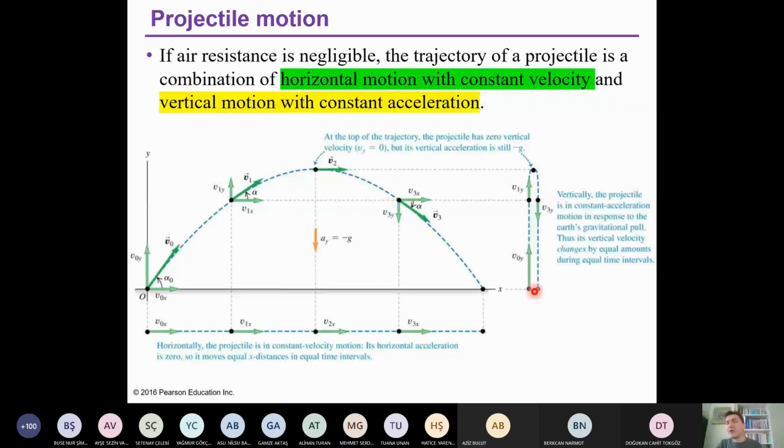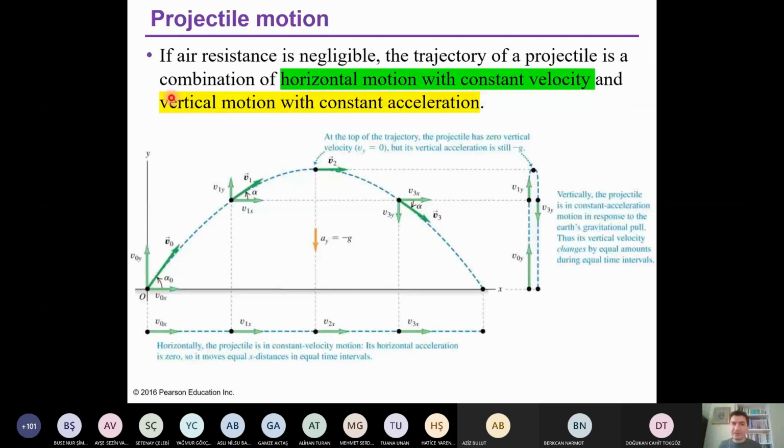This is free fall motion, a very nice example of free fall motion, which we have discussed during the last lecture. So in a projectile motion, we also have a free fall motion. The motion along the y-axis, or the y component of the motion, is a free fall motion if air resistance is neglected. Do you have any question here?